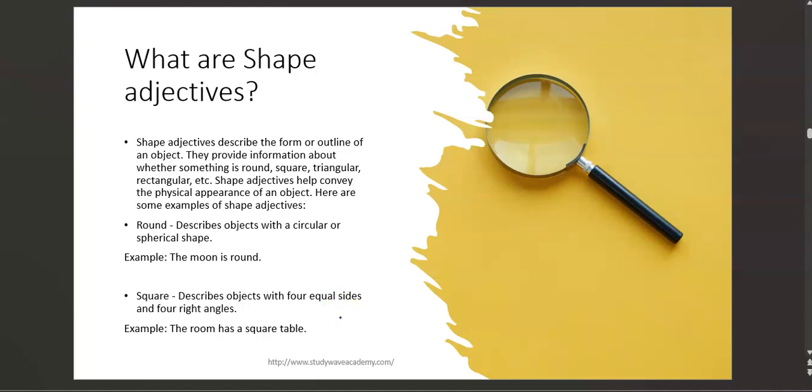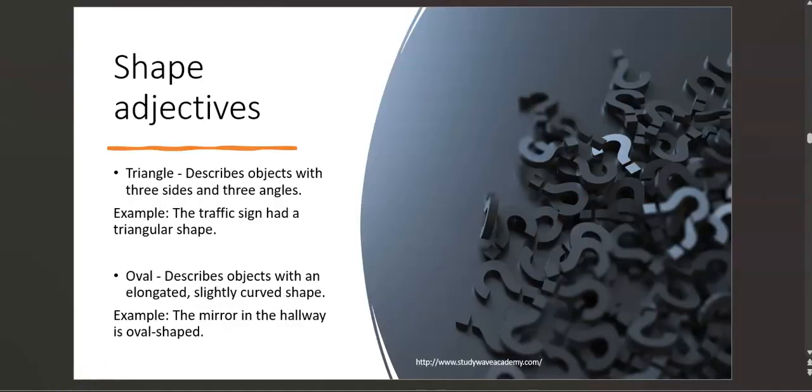So square here is a shape adjective. In your head, you won't just see any other table, but you will see a square table. So the idea behind shape adjectives is to show us the form of an item or the form of an object, okay?